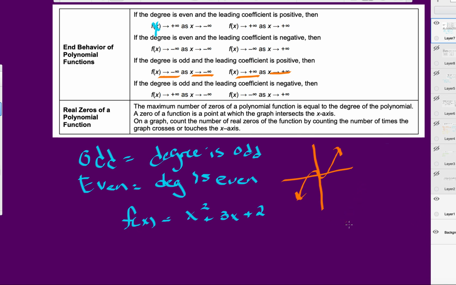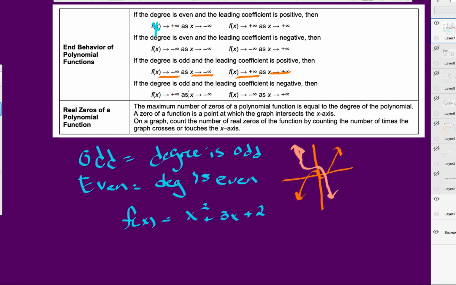If this happened to be a negative, and I'll just write it that way. Sometimes they look like that. I want it to be pointing outward just a little bit. This is negative, right? Because it starts higher on the left and moves down to the right.